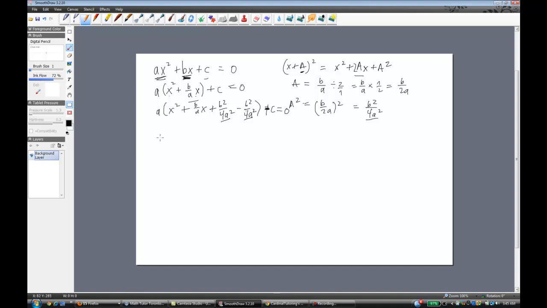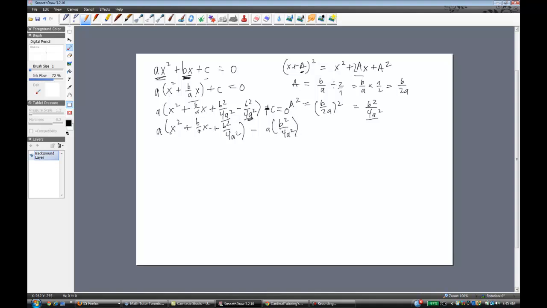Okay. Now, once we expand this out, we get squared. And when we remove this term here, the last one, we actually have to multiply it by a. And the reason is as follows.